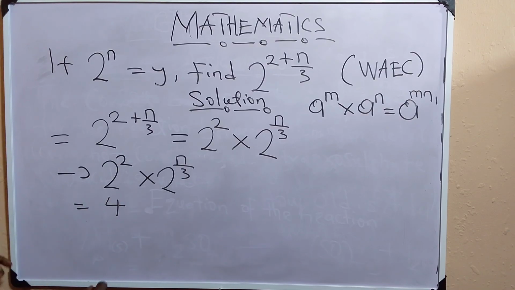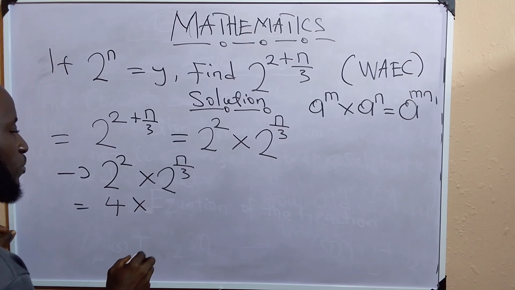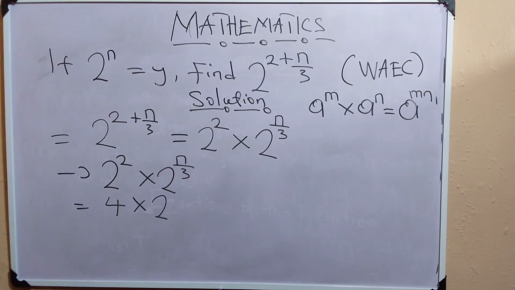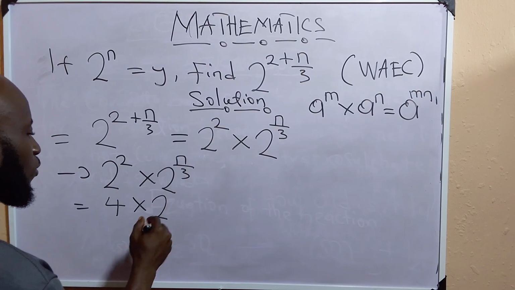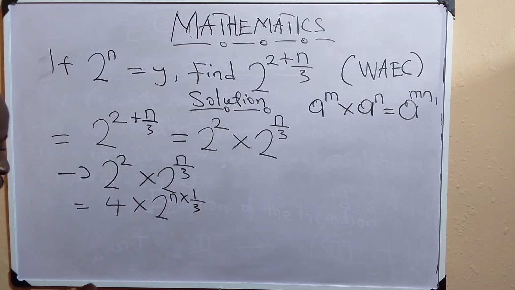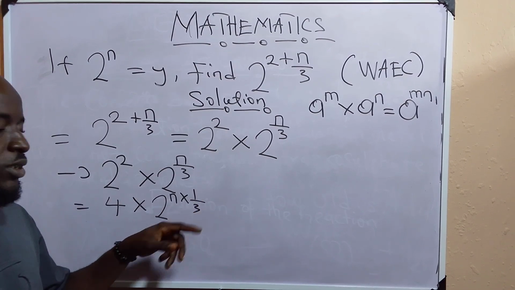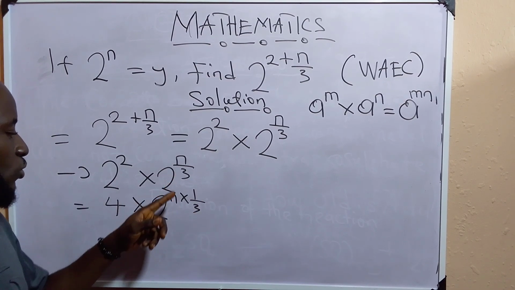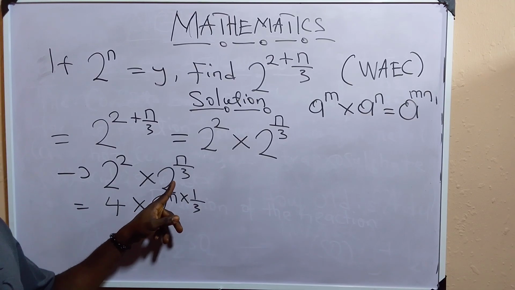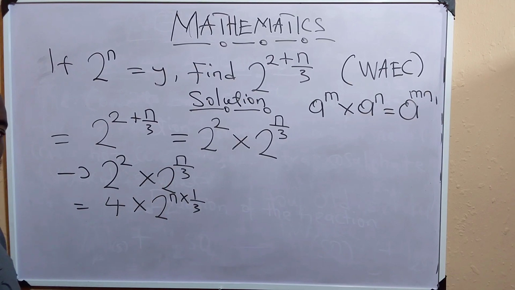Are we there? Then multiplied by 2 raised to the power of n times 1 all over 3. N times 1 is the same thing as n. So 2 raised to the power of n times 1 all over 3 is the same thing as 2 raised to the power of n all over 3.